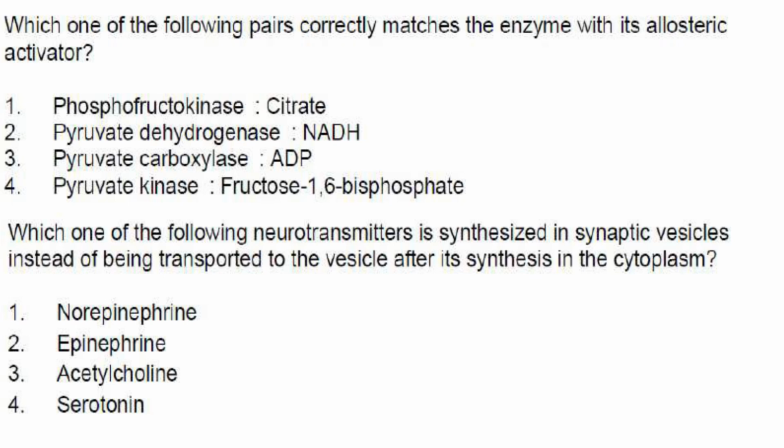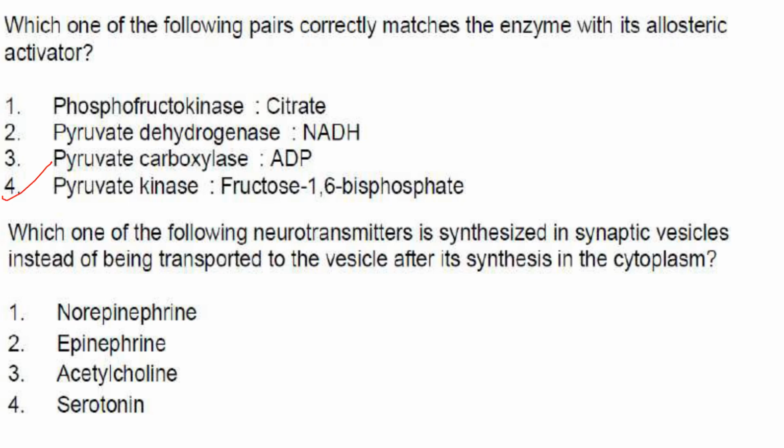So pyruvate carboxylase, acetyl-CoA is an allosteric activator of pyruvate carboxylase and not ADP. Then pyruvate kinase. Pyruvate kinase convert phosphoenol pyruvate to pyruvate, and fructose 1,6-biphosphate, it is an allosteric activator of pyruvate kinase. So the answer here is option 4.